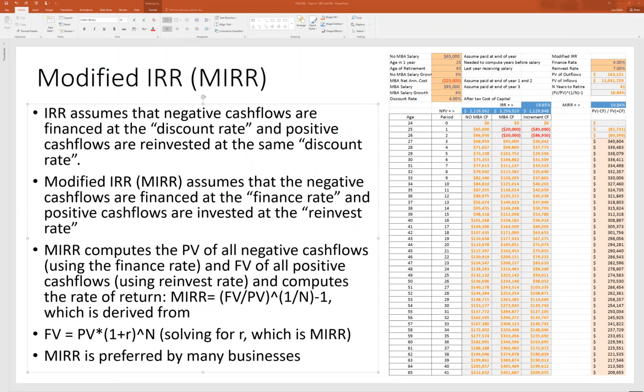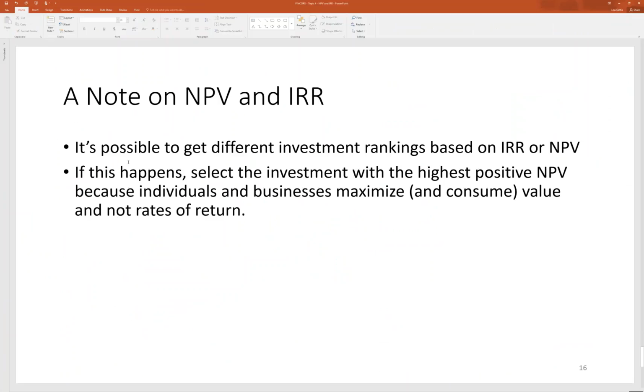So that's modified IRR. So in this topic, we talked about NPV and IRR. Now, one problem is it's possible, if we use NPV and IRR, to rank multiple investments. So you look at 5 different investments and say all of them are positive NPVs and all of them have IRRs greater than the hurdle. However, you're only going to pick one or a couple or several of them.